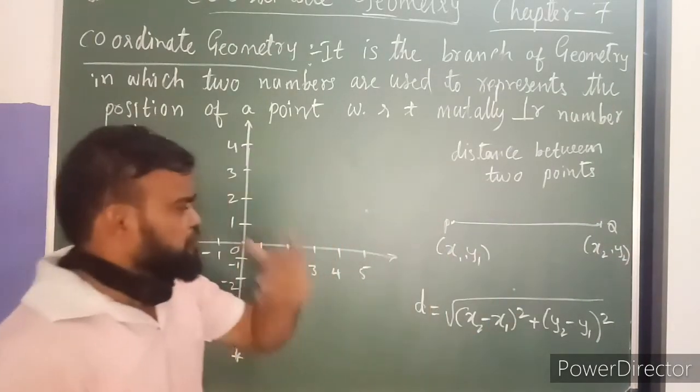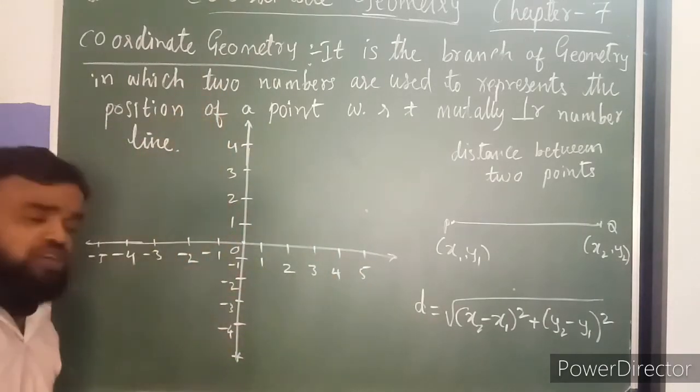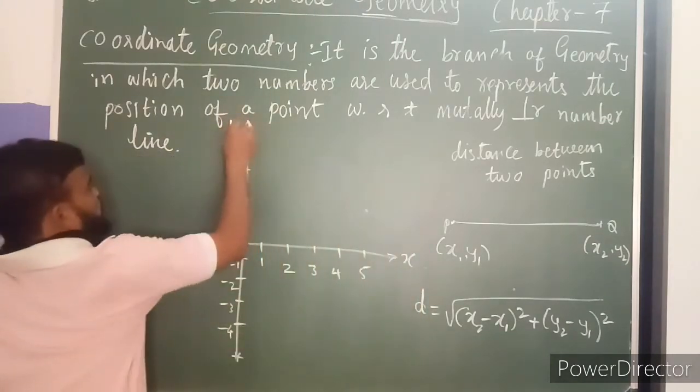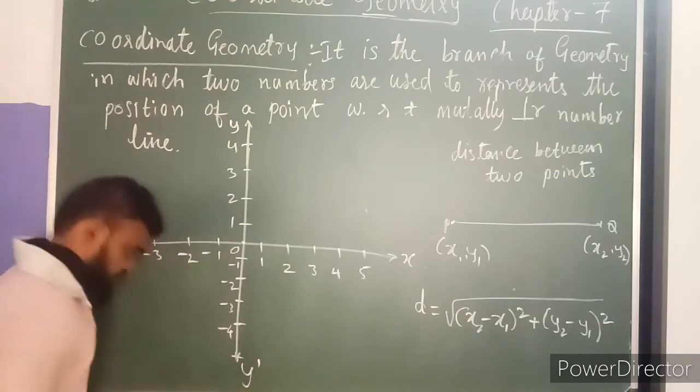Understood? So we will get 2 points. This is the graphical method. This is the x coordinate and this is the y coordinate. This is x dash and y dash.